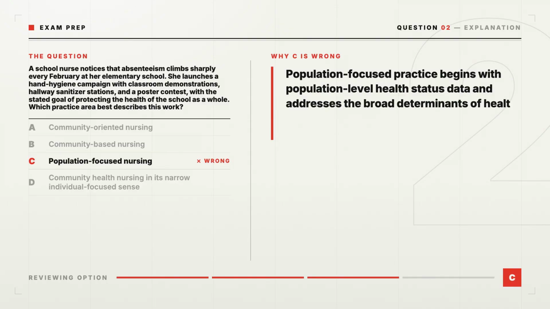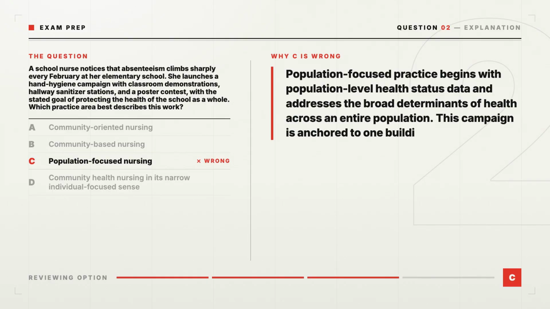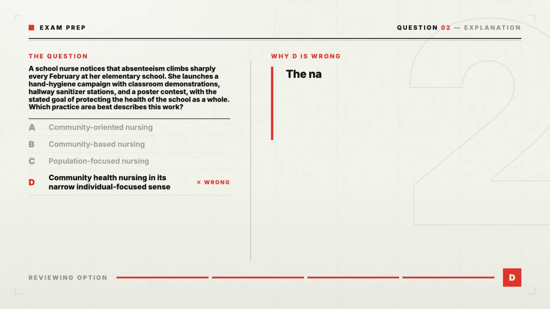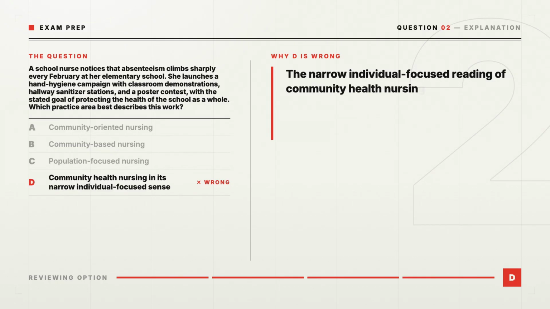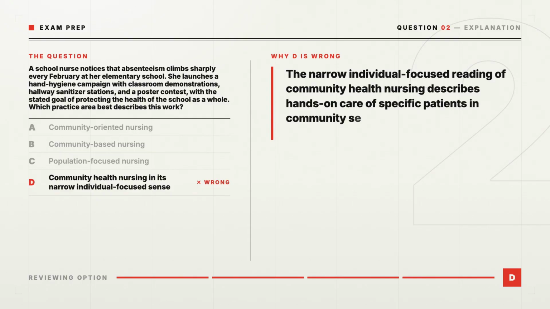This campaign is anchored to one building and was prompted by an attendance pattern, not by a determinant-level analysis. D is wrong because the narrow, individual-focused reading of community health nursing describes hands-on care of specific patients in community settings. A school-wide campaign is the opposite of that.